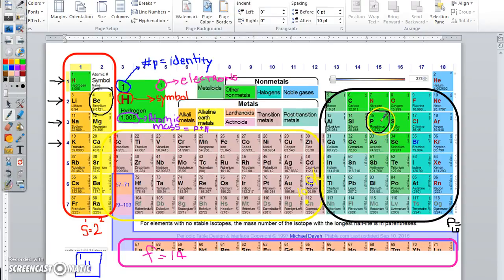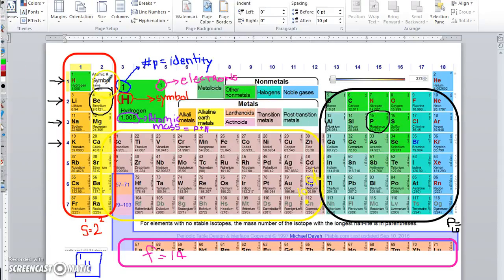All right, so for phosphorus, I could go through each one of these. So I've got 1s1, 1s2, 2s1, 2s2, all the way down, but I could also do a shortcut. I know that it has 2 s's filled up before it goes to p. So I'm going to start writing the notation. I've got 1s2, right?